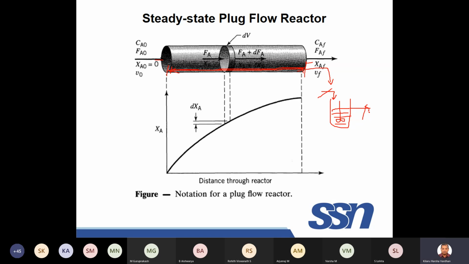I just want to keep that point alive for some more time, so that you will have the curiosity to know why, even though there are different design expressions, or this volume is less, or for the same design expressions, it comes out the same for PFR and batch reactor.